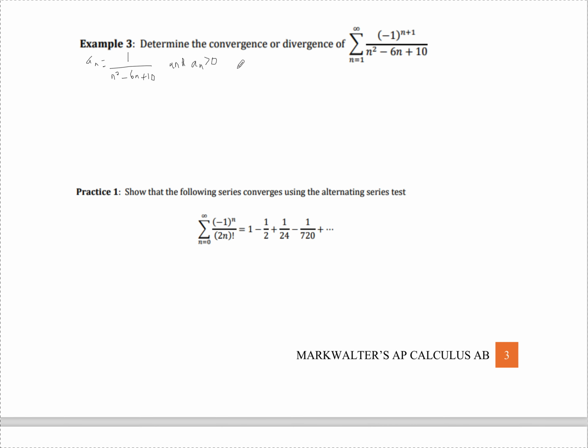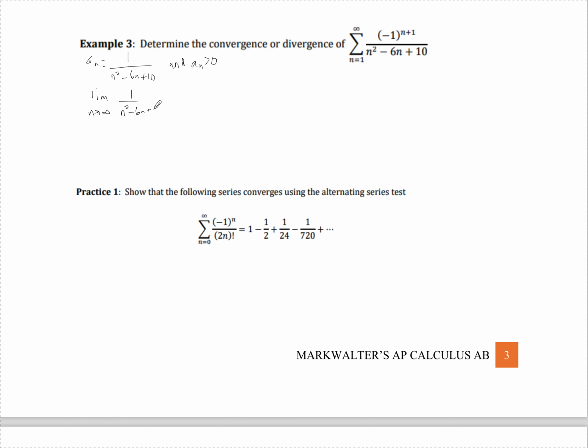Now you don't necessarily need to work for it, you just have to check it yourself and state it. We can check the limit as n goes to infinity of 1 over n squared minus 6n plus 10. It got really weird looking.